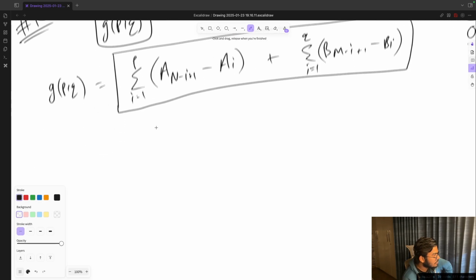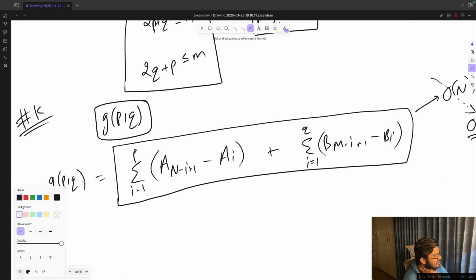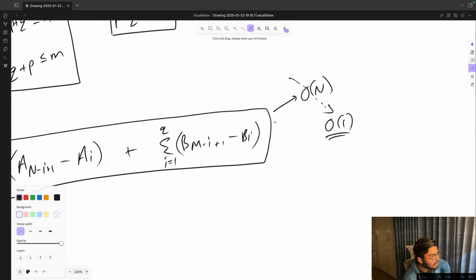Now, you can actually break it from ai from backwards, and then you can do some maths and do it. For me, I will just show you how I did it, but yeah, we can find g of p q in big O of 1 time using prefix sums. So I will also write it here. So prefix sums.